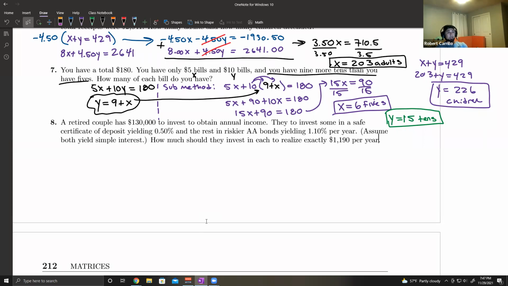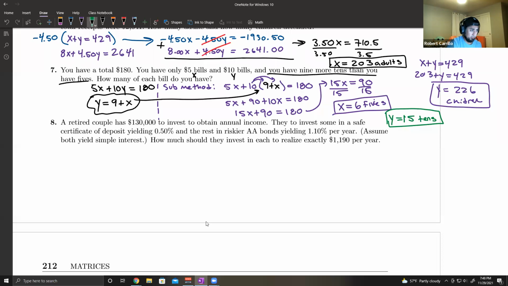How much should they invest in each to realize exactly $1,190 per year? Okay. So let's see. We want to make $1,190 per year at those rates of investment.